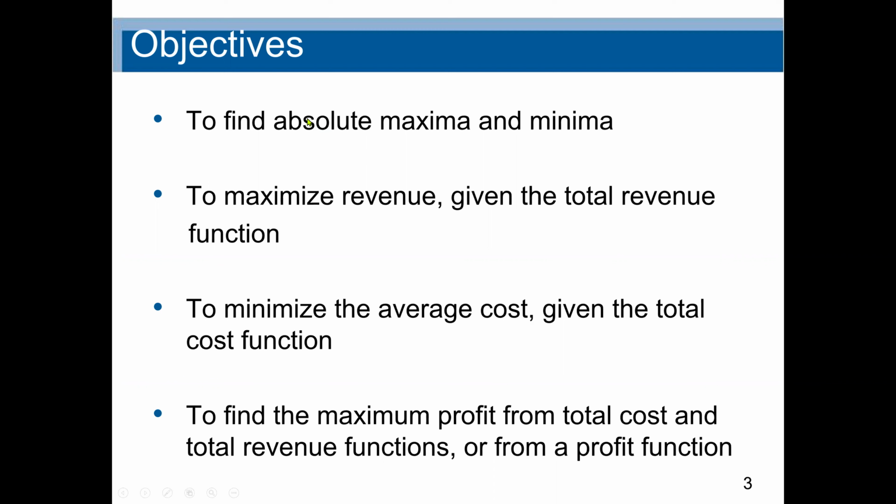Now, absolute maximum is a little bit different from relative. Even if we have 4 curves on the graph, which means we have 2 relative maxima and 2 relative minima, the absolute maximum and minimum will be only 1.